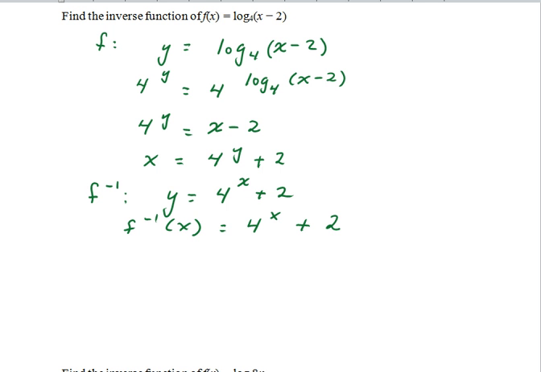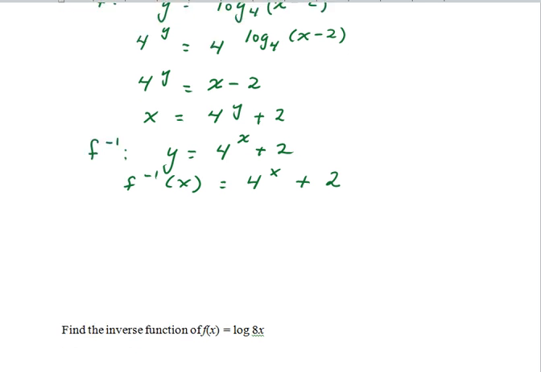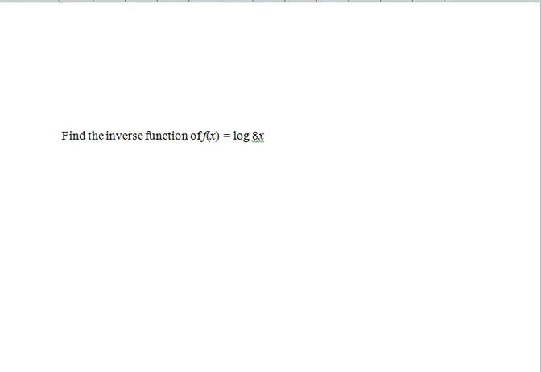We have one more equation, also a log equation. And so this one is f of x equals log of 8x. So f has the two-variable equation y equals log, common log, of 8x. We can exponentiate base 10.